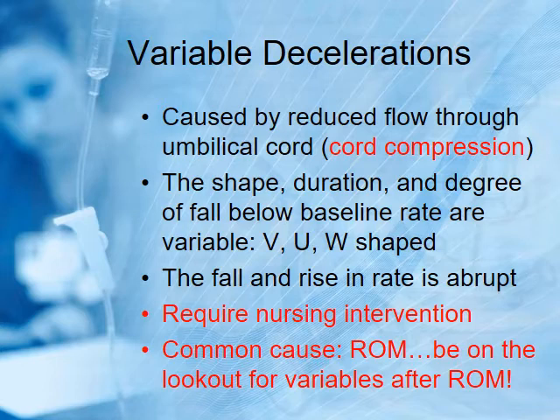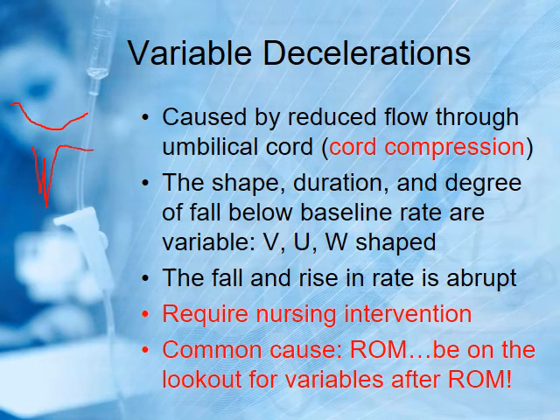If you were to kink the water hose, are you going to have a slow stop of water or a fast? Fast. It's going to immediately stop running through. Same with cord compression. If you kink it, the blood stops going through there. So you're going to get a very quick deceleration. They're not going to be that smooth slow one, like the lates that take a minute. They're going to be quick down, like kink the cord.